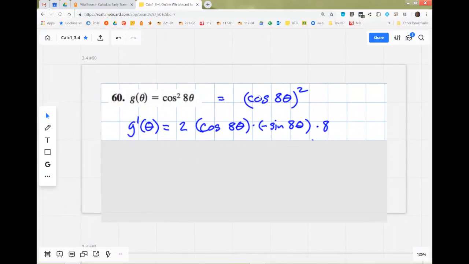There's the power rule. What's the derivative of the cosine? Oh, minus the sine. Well, we're not done yet because there's another embedded function in here, 8 theta, and the derivative of 8 theta, 8. So here we have 2 chain rules that have to be done.